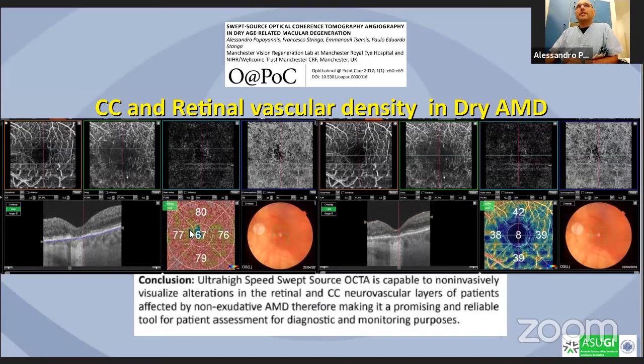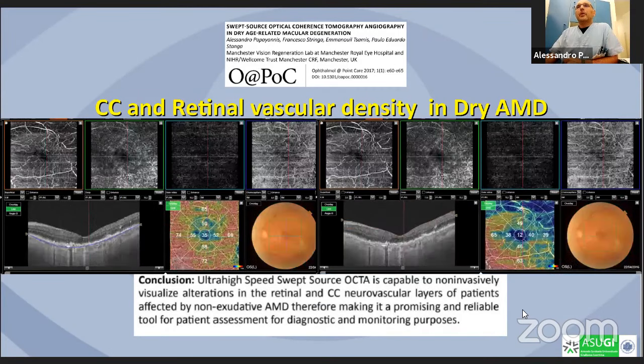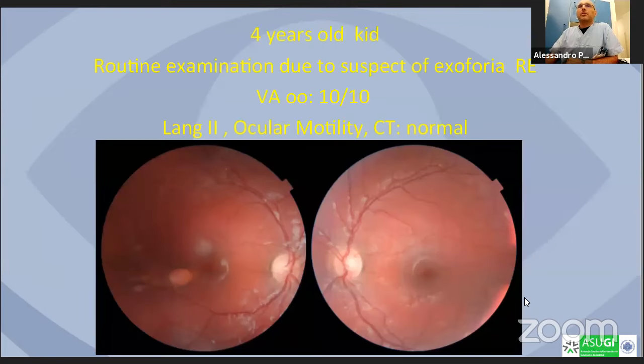This also happens in patients with atrophic AMD, or with combined atrophic AMD and drusen. We see that both the choriocapillaris and the superficial retinal plexus are altered in this type of patient.